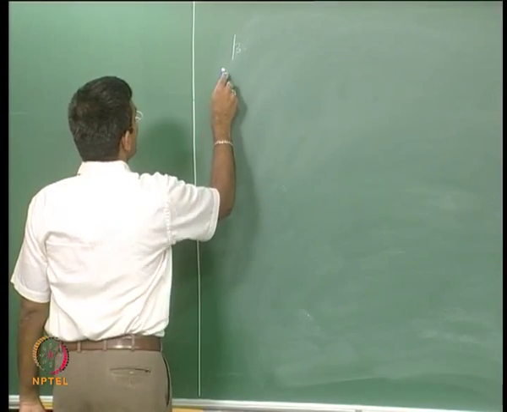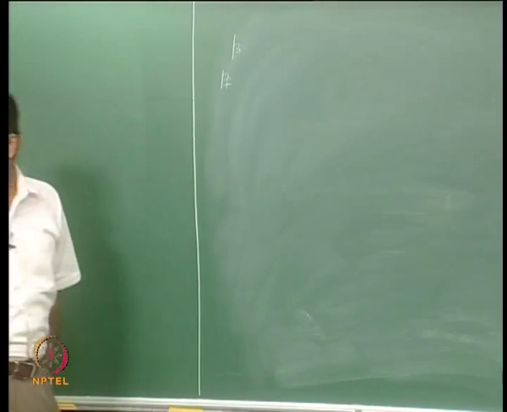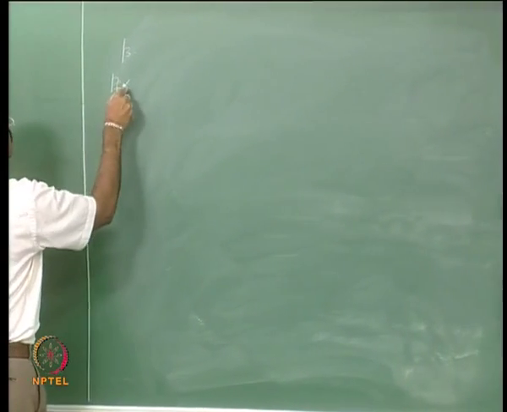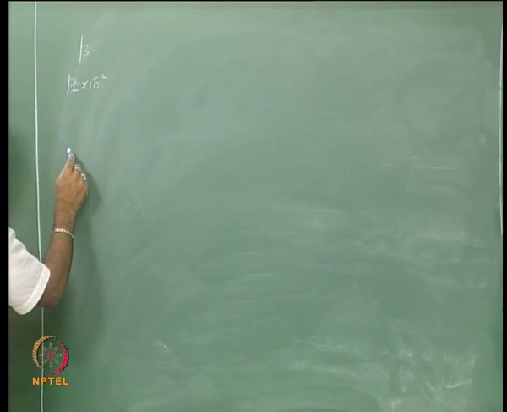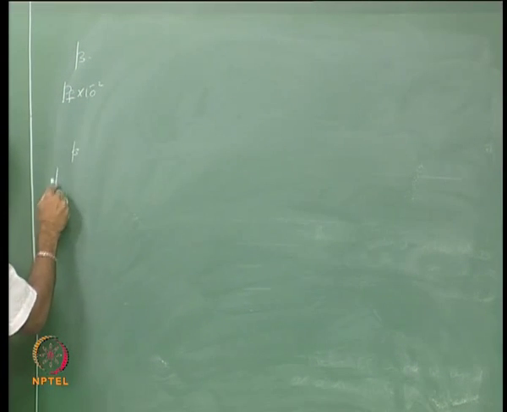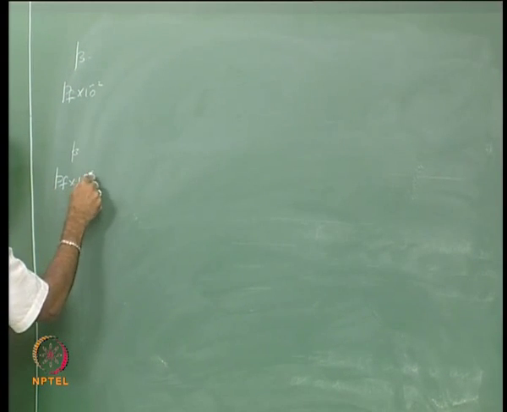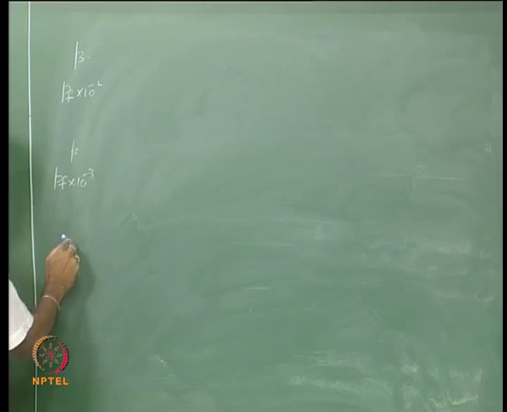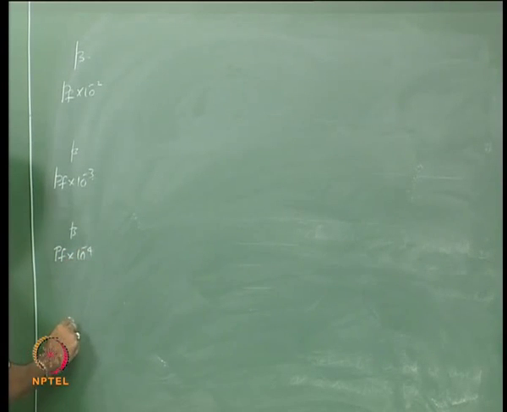Beta and probability of failure in terms of 10 power minus 2, beta and probability of failure in terms of 10 power minus 3, probability of failure 10 power minus 4, probability of failure 10 power minus 6.